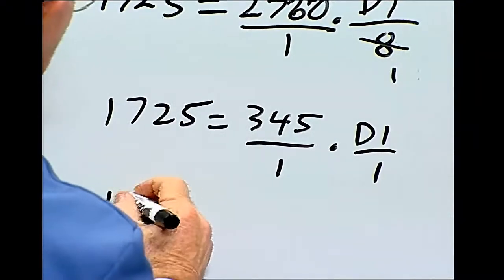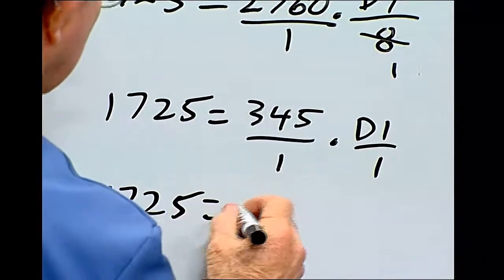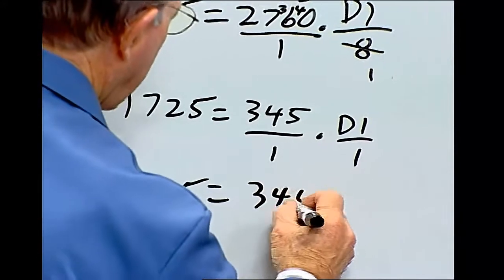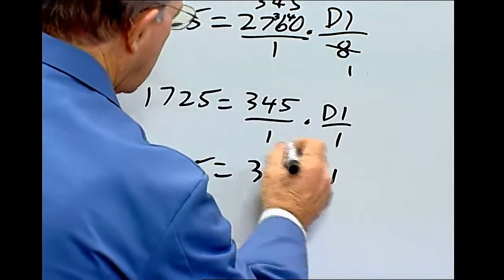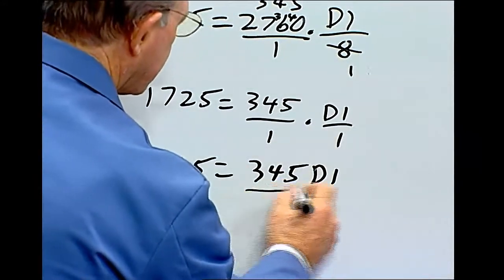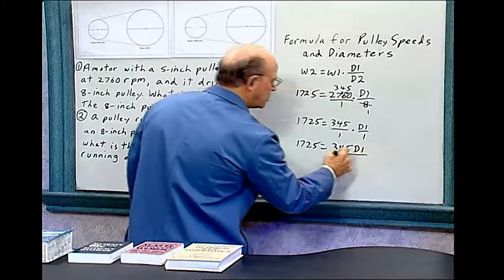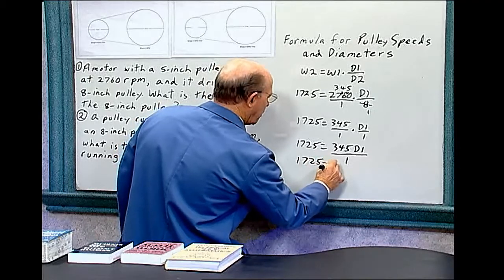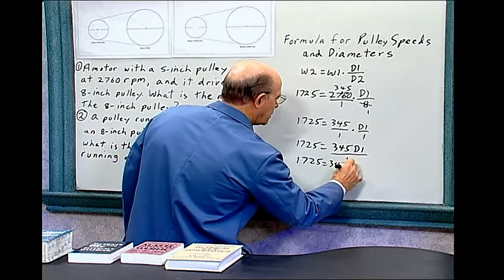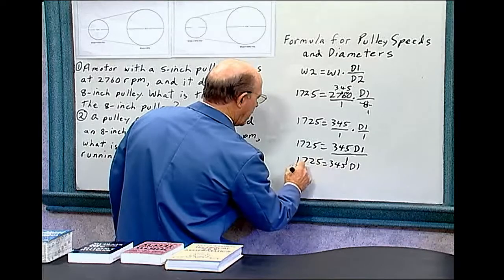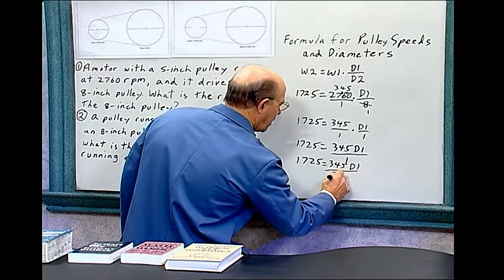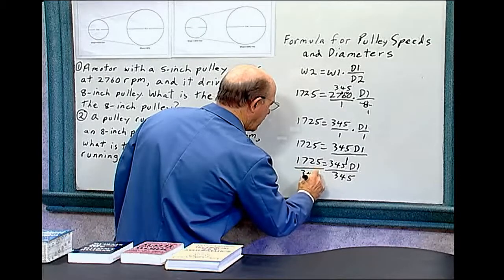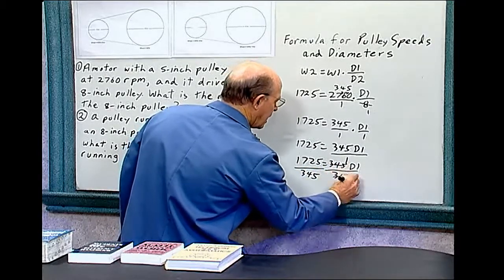So 1725 equals 345 times D1. There's 345 D1 over 1. So that equals 1725 equals 345 D1, and we divide each side by 345. 345, and this will cancel out.